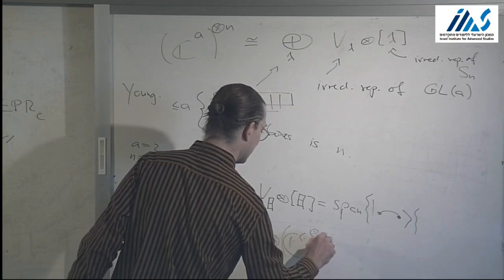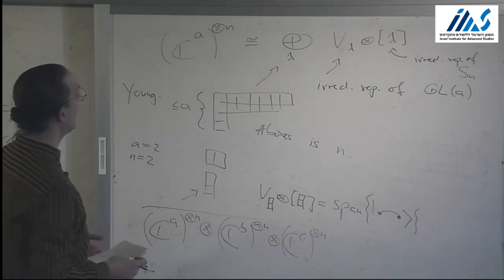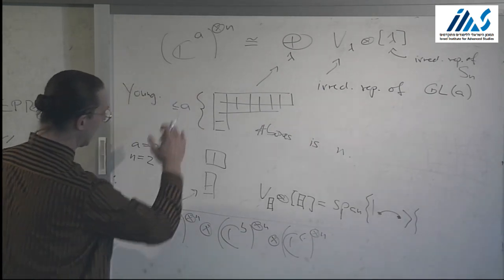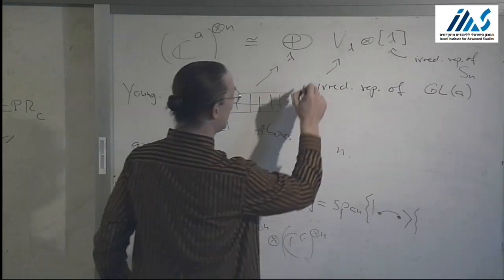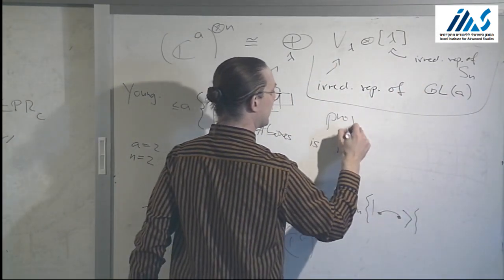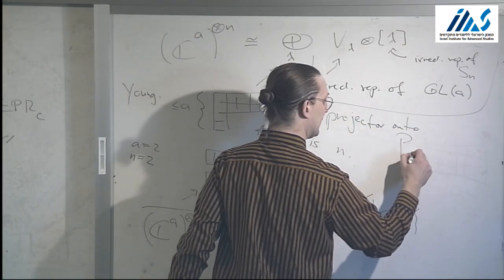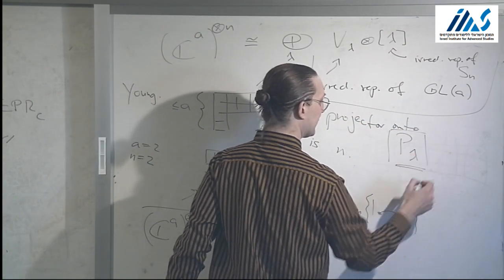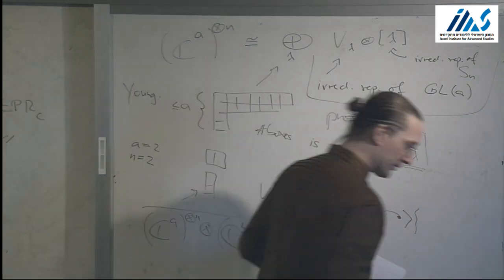So we're in this triple thing position, so whenever we're going to see Young diagrams, we're always going to see 3 of them. And I'm going to give a name to the projector onto this space: I'm going to call it P lambda. Okay, that's the projector onto this. Very good. And then we come to my corollary.